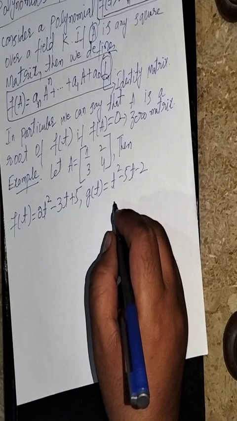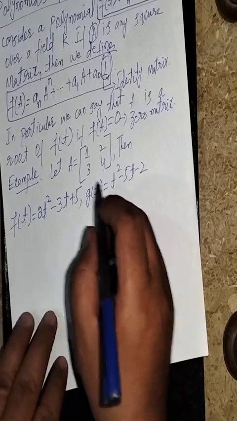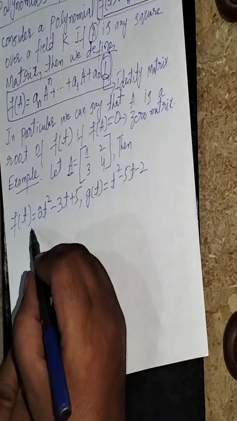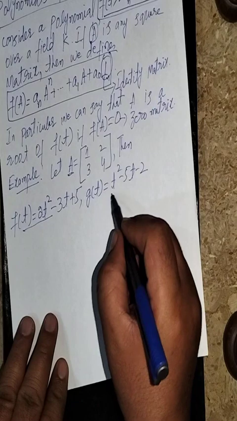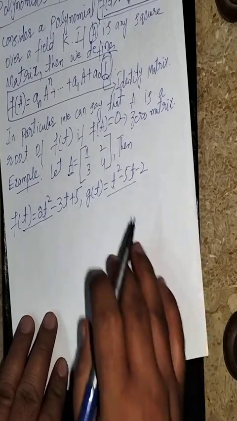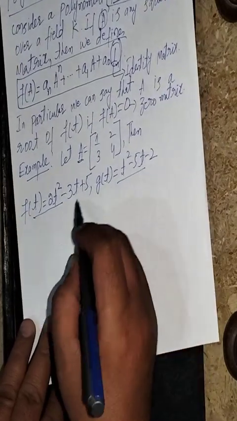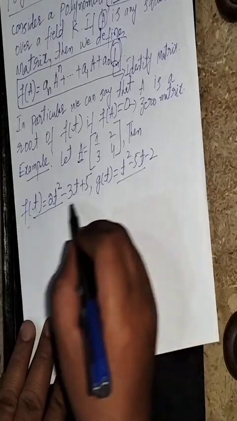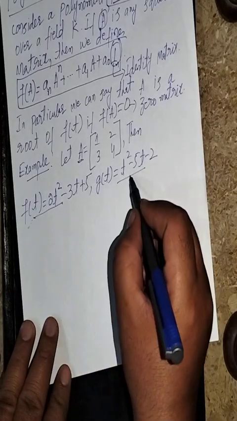Then you have to find whether the matrix A is the root of these polynomials f of t and g of t or not. These two polynomials are of second degree.